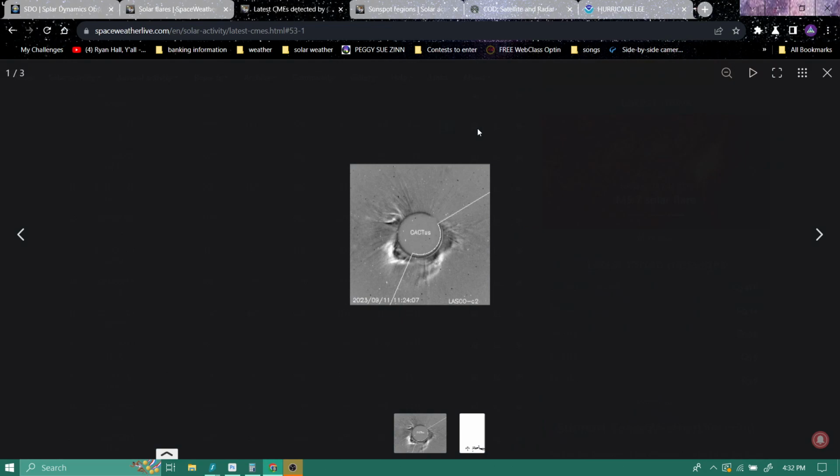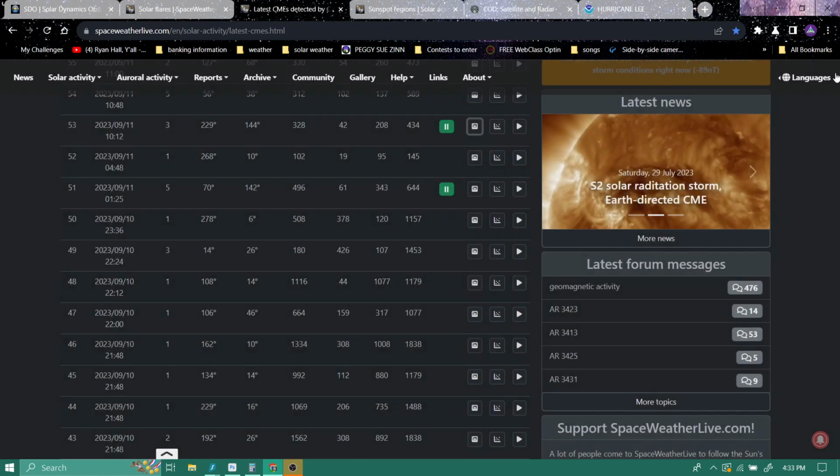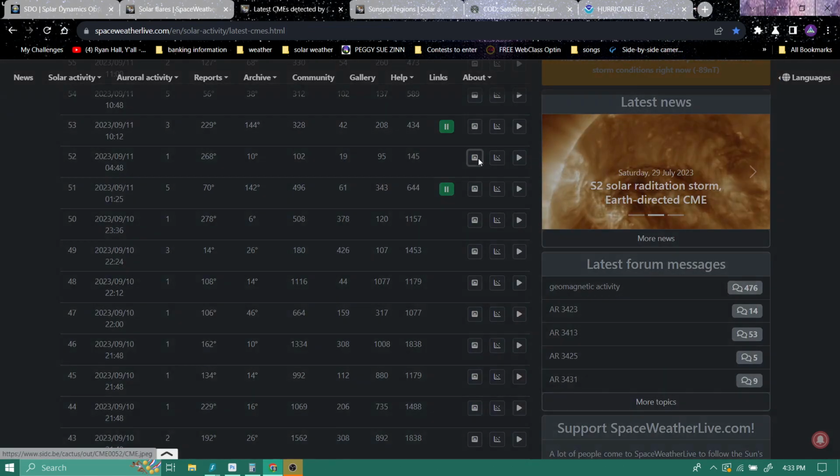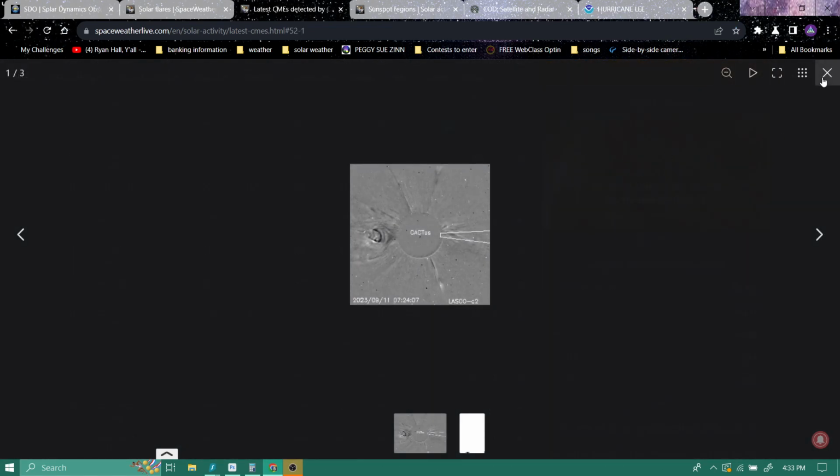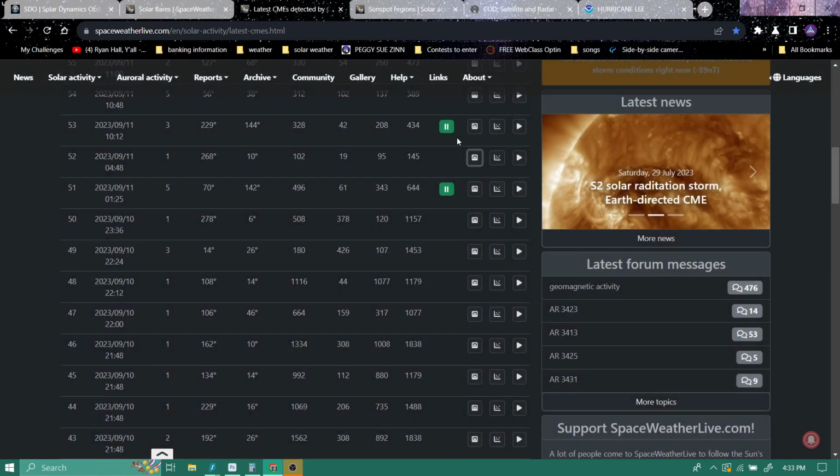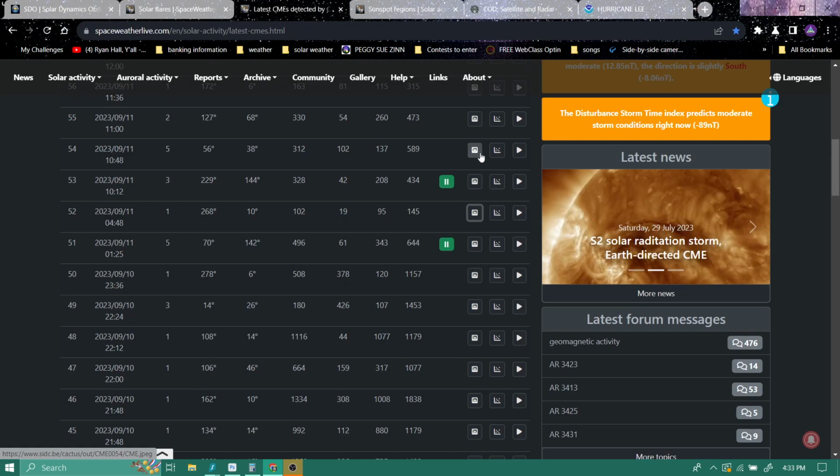Then we have this one who's moving even slower, but it is another 90-degree angle. Here was the first blast. Here's the second blast. So it is going to be somewhat of a halo hit. You've got a full halo here that could keep going.